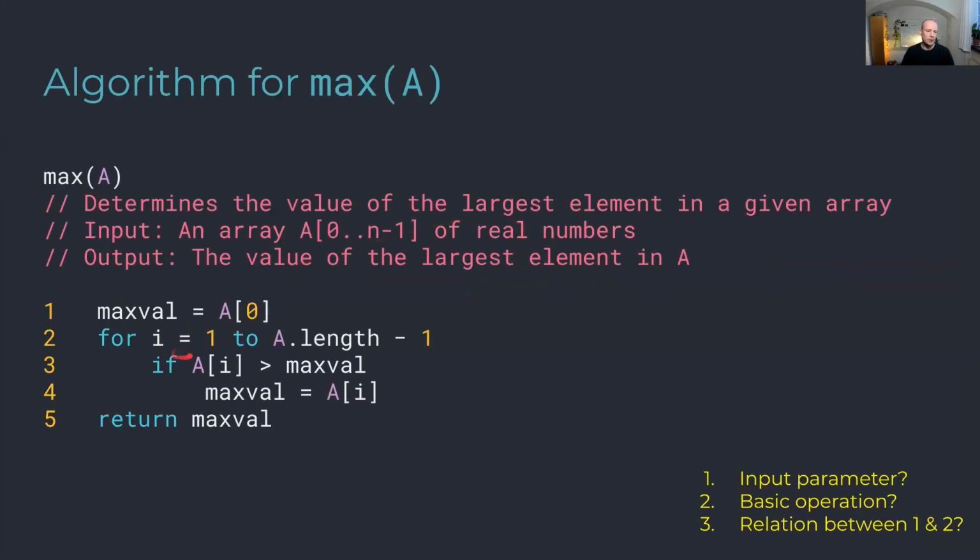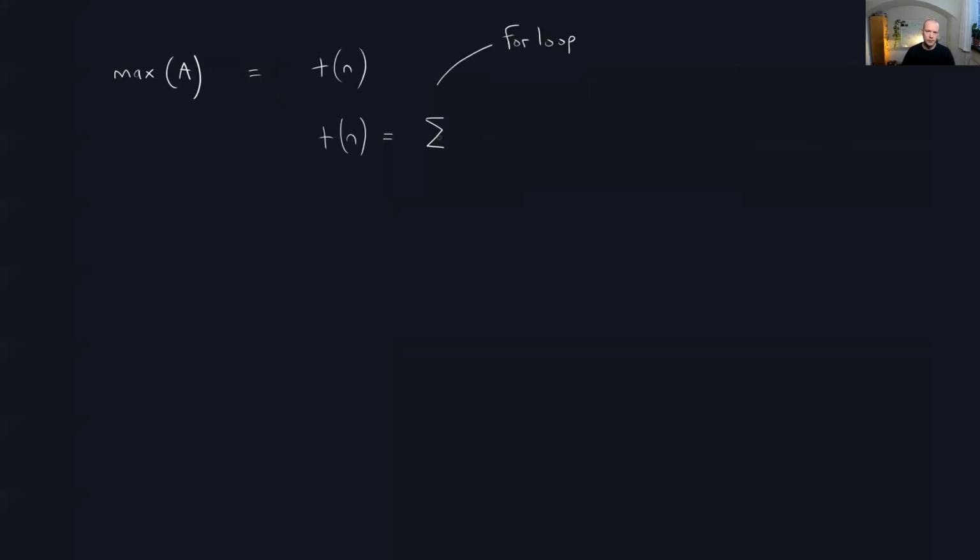From 1 to the length of the array minus 1. So it was from i equals 1, and then it went up to the size of the array minus 1.